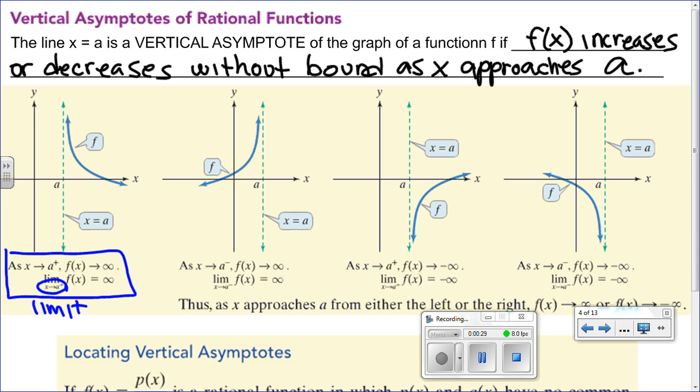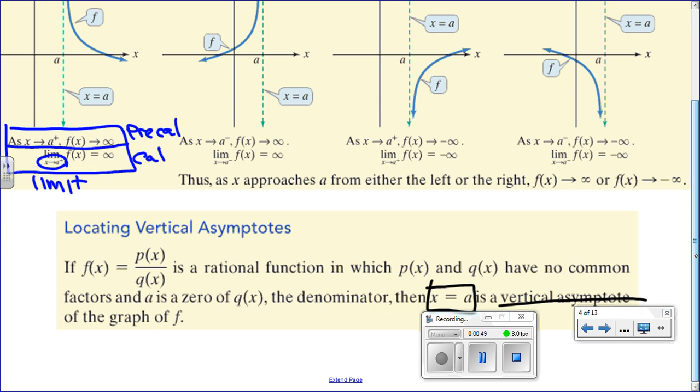Here it's saying, what is the limit of the function as x approaches a from the right, which is the same thing that you do here, but in pre-cal. So this is pre-cal, and then we do this in calculus. But it is the same concept. We look at the behavior of the graph. Is it growing without bound, or is it decreasing without bound?